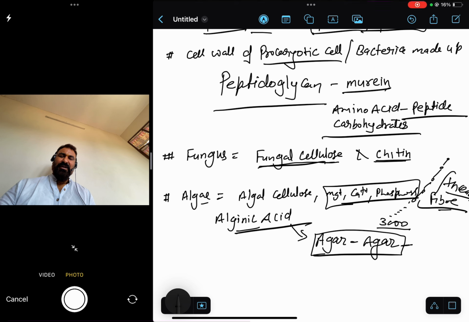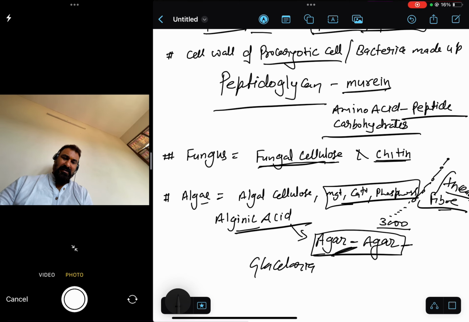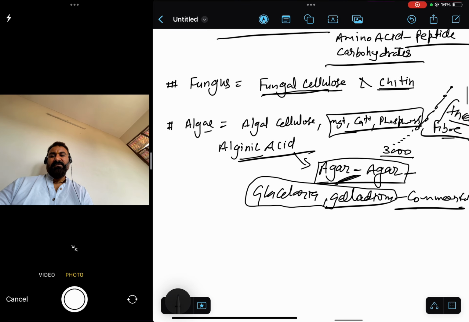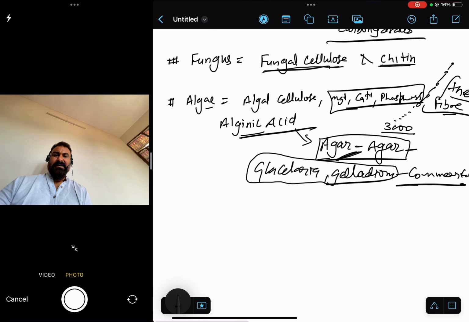Everything that needs to thicken from a liquid contains agar. So from algae cell walls like Gracilaria and Gelidium, agar is obtained for commercial purposes, which is made up of alginic acid from the cell wall.